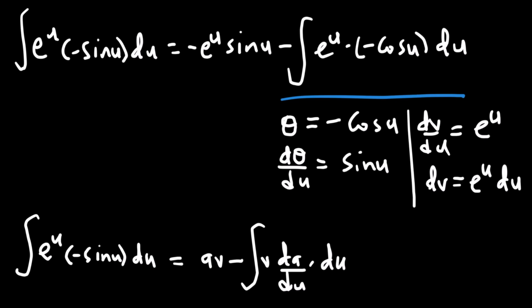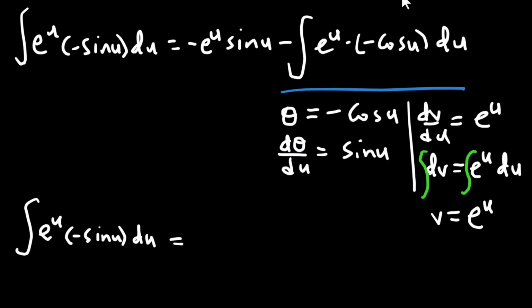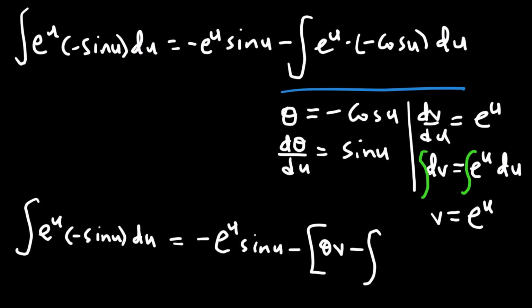If we integrate both sides, we shall have v equaling e to the power of u. Therefore, our integral will be equal to negative e to the power of u sine u minus, now this will be theta times v minus the integral of v times d theta/du and then times du.